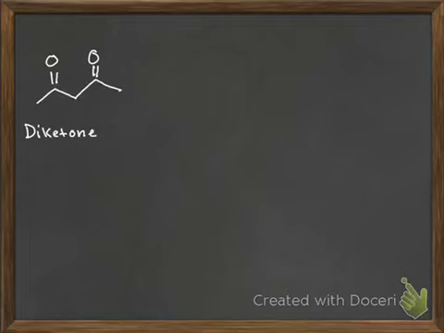I want you to take this diketone and I want you to react it with base, and I'm going to let you choose the alkyl halide of your choice. But I will tell you that this is what I want for the product.